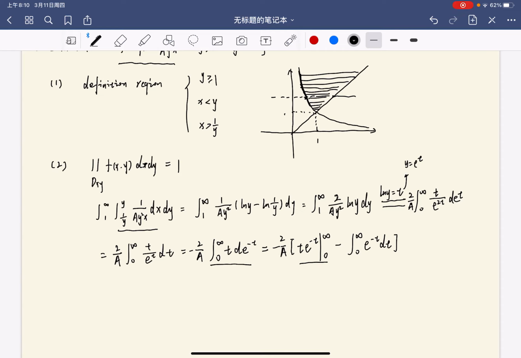And when t approaches infinity, we can use L'Hopital's rule.